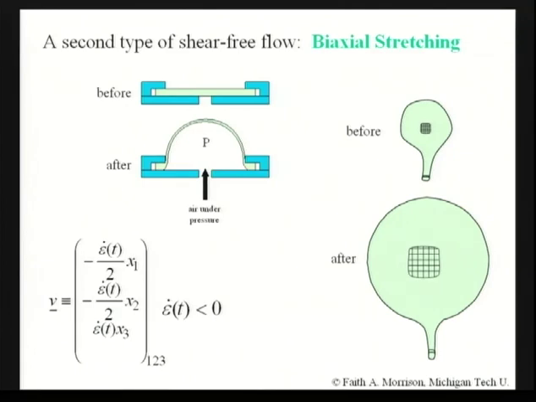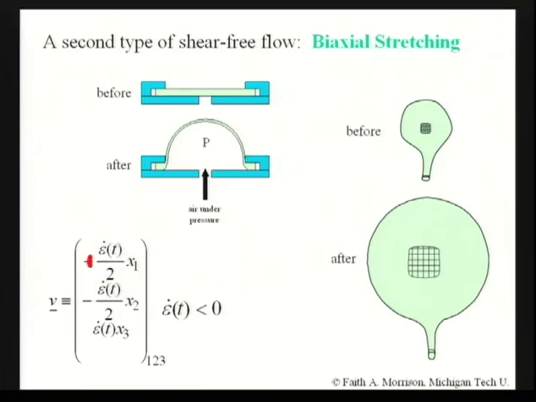The only difference is the sign of the deformation. This elongation rate was positive for uniaxial, meaning we were pulling the particles apart. And now we're going to be pushing them together and extending in two directions. Because epsilon dot has changed sign, this is now a negative quantity here.